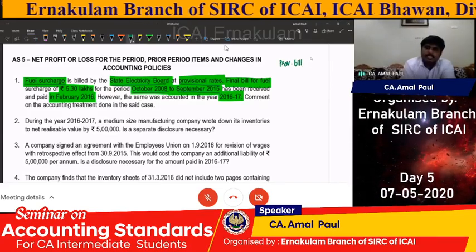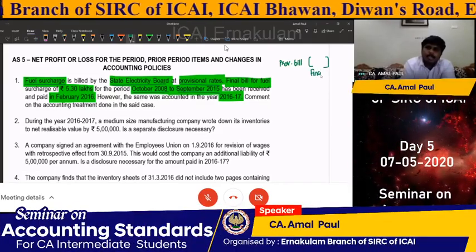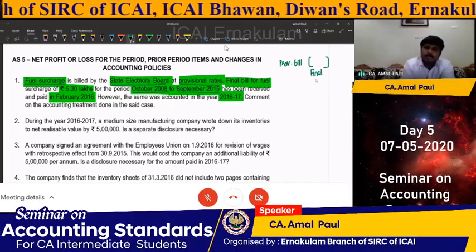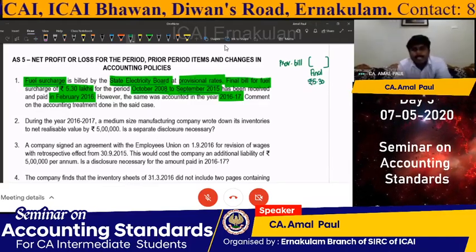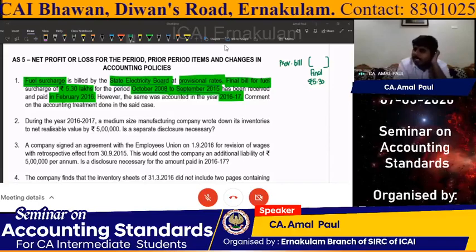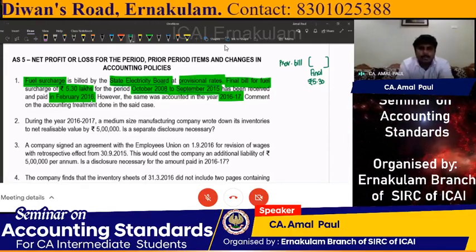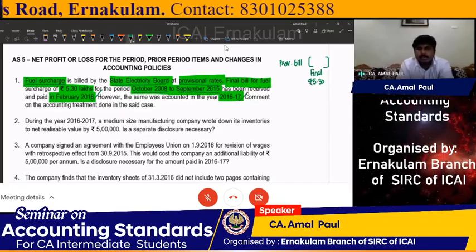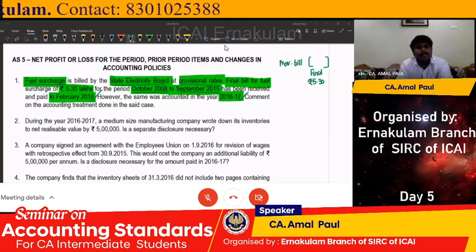For this entire period, they calculated the final amount. Based on that, we have to pay an additional 5.3 lakhs. We paid that in February 2016, but it is accounted in the 16-17 financial year. How does it need to be treated? This is the question.